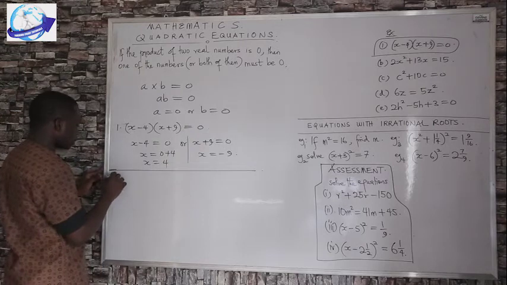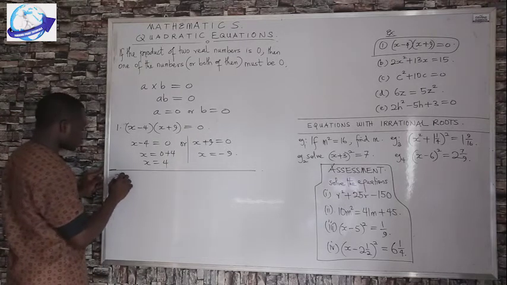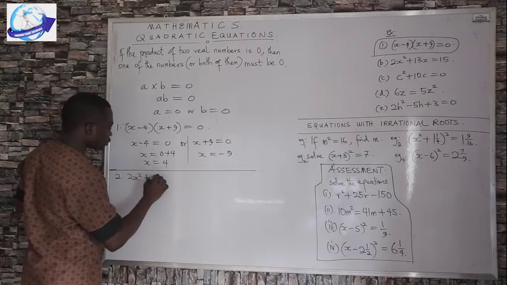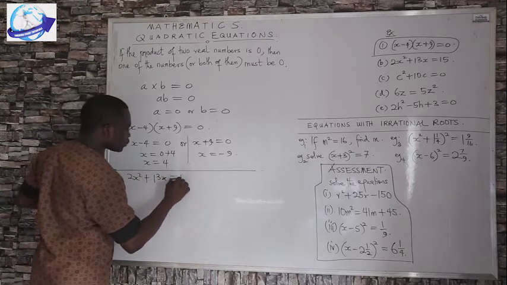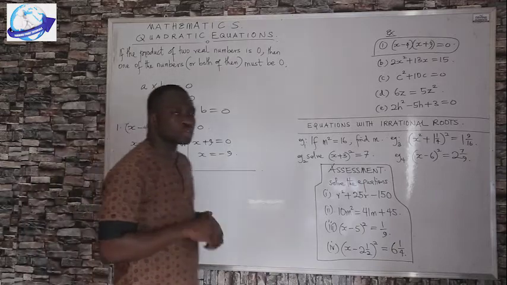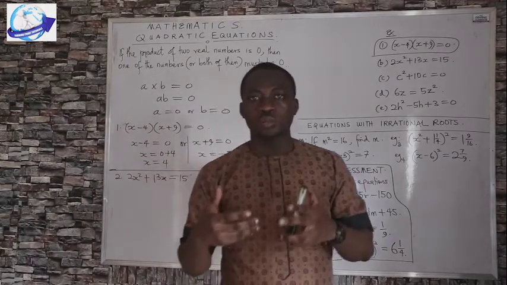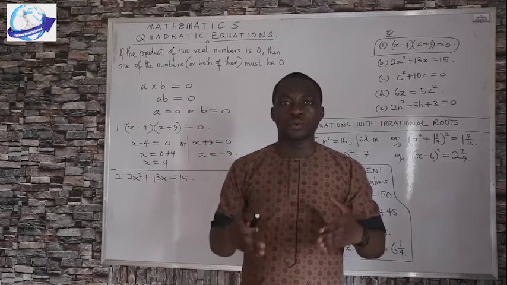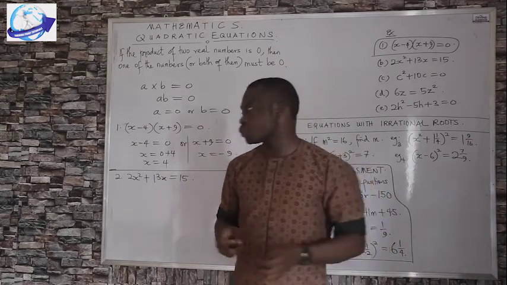Example 2: we have 2x squared plus 13x equals 15. Now this question will quickly make us bring up the general form of a quadratic equation.